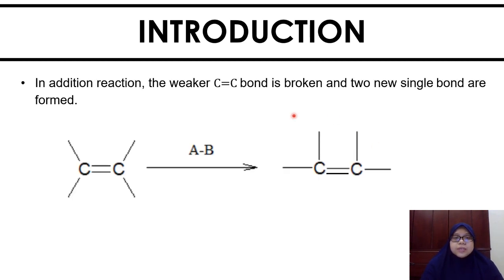So, in addition reaction, the weaker C=C double bond is broken and two new single bonds are formed. So we look here, this one is a C=C double bond. So in this addition reaction, the double bond will be broken, and two new single bonds are formed.